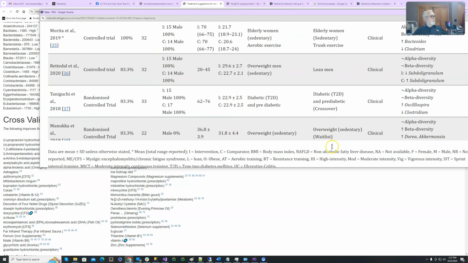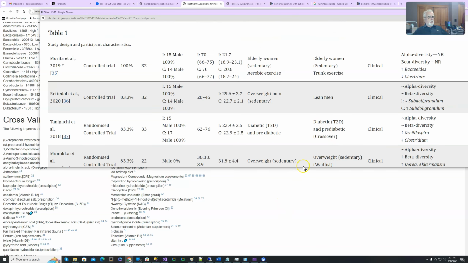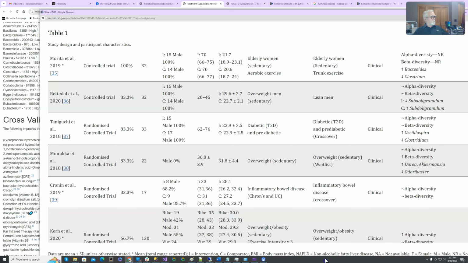Okay, let's do one more thing. Here is a case of looking at something like exercise, and there we have a difference here. What we picked this for particularly is that this was looking at the impact of exercise. If we look at overweight people and lean men, notice that the direction of microbiome shift for the same bacteria is different based on where the person starts.